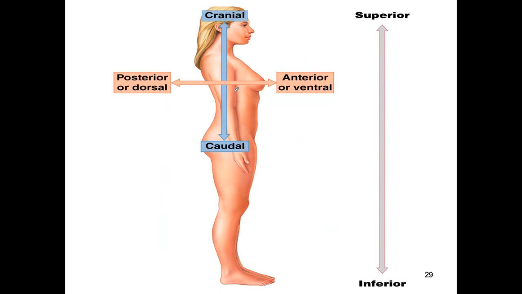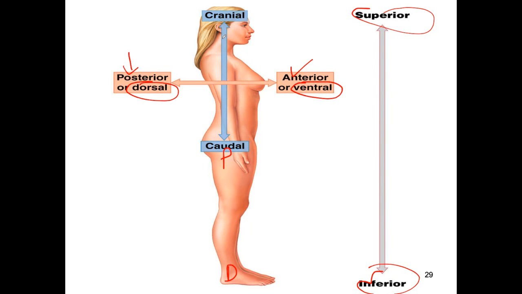Looking from a lateral view, from the side view, again, we see the terms superior and inferior. Now we see anterior, which is to the front, and then we see posterior, which is moving towards the back. The other name for anterior was ventral. The other name for posterior was dorsal. Now remember, we had these terms like proximal and distal, superior and inferior.